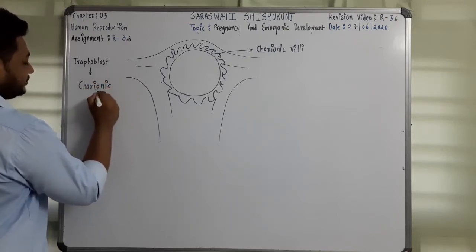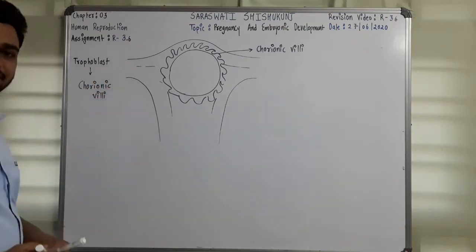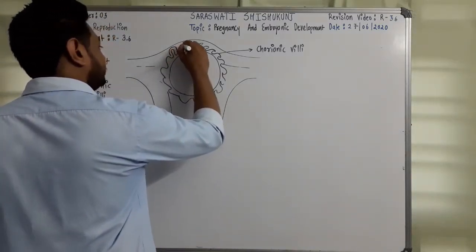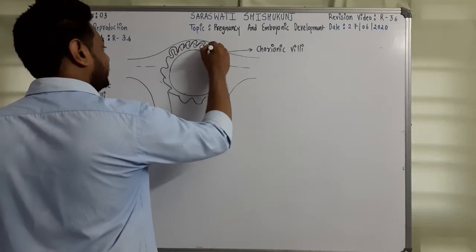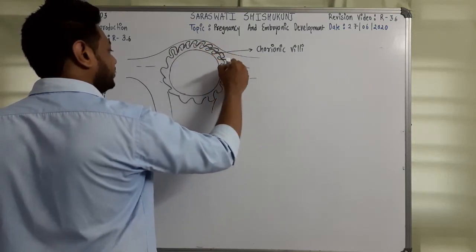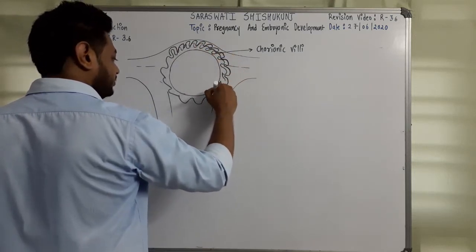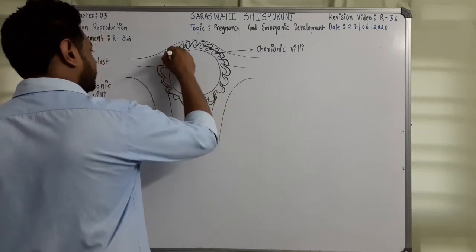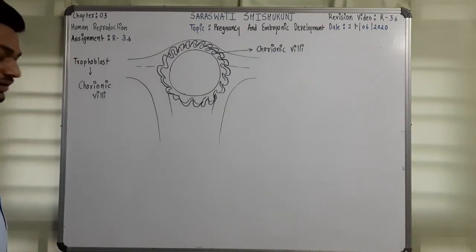Now in this case, when the uterine cells get interdigited with it like this, interdigited means it fills the gaps, and that is why this forms a tissue referred to as placenta, right?